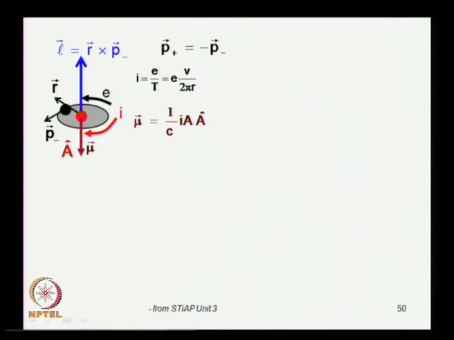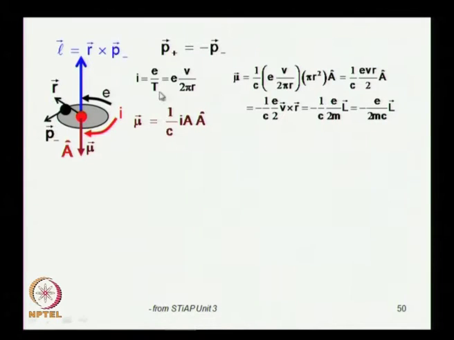So, this is the magnetic moment that you get, where the current I is ev over 2 pi r. You put I over here, and the area is pi r squared. So, you get e over 2c times vr, and vr is nothing but the magnitude of the cross product v cross r.